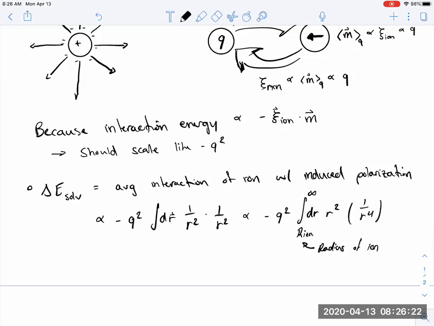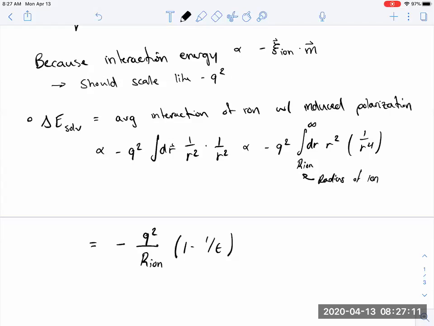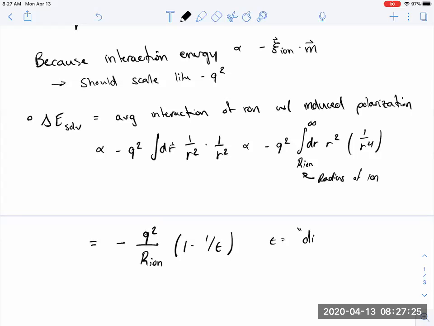So those are integrals we can do. And if we did them and accounted for those proportionality coefficients, that tells us exactly how big of a dipolar response we get from polarizing that solvent, accounting for things like the fact that the dipoles don't like to align parallel to one another, so that response is attenuated by some amount, we get that the average interaction between an ion and the induced polarization is proportional to q squared divided by the size of the ion from that lower limit of integration, and the amount that it is attenuated due to interactions between dipoles as they align gives us this factor of 1 minus 1 over epsilon, where this epsilon, as we introduced last time, is known as the dielectric constant.